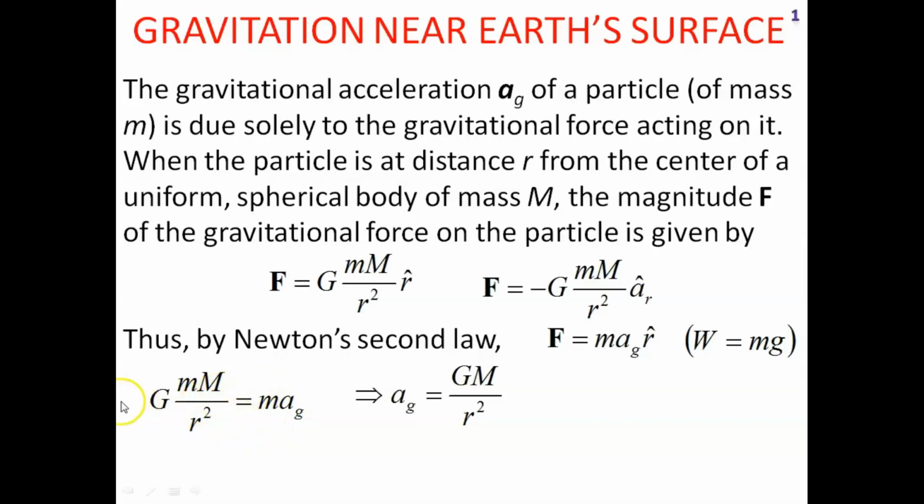Eliminating small m on both sides, we have g equal to GM upon r square. So acceleration due to gravity is a characteristic feature of the gravitating object, say Earth, having mass M, and it depends by inverse square on the distance of separation.